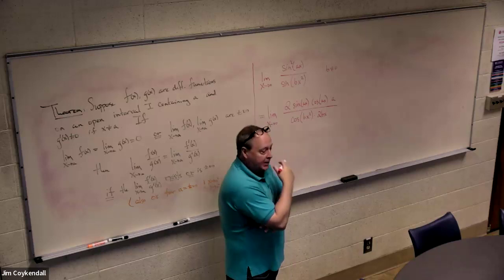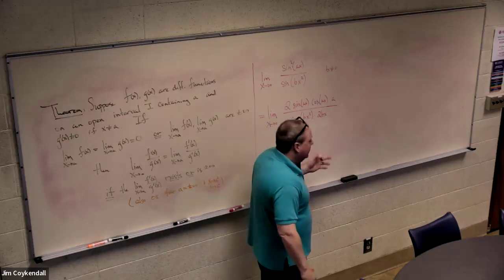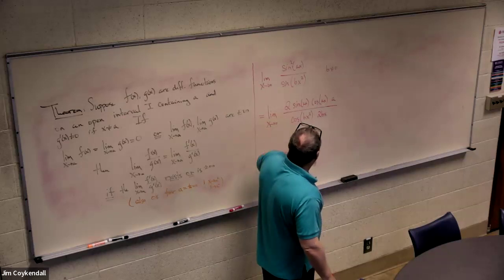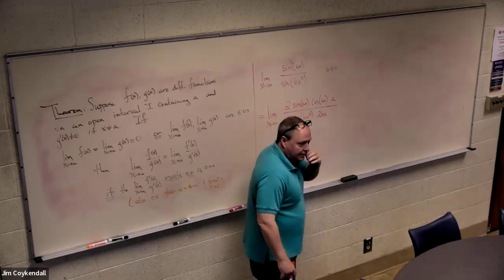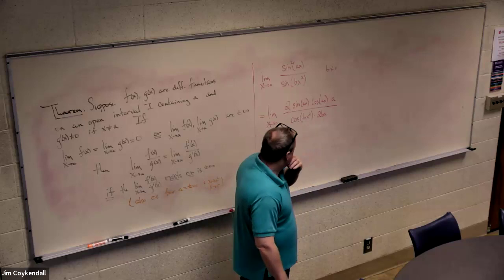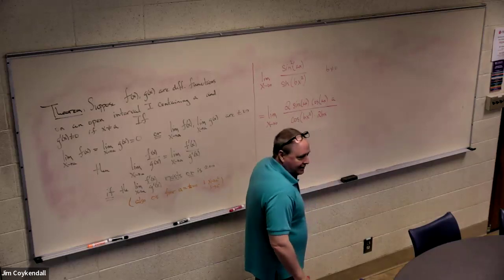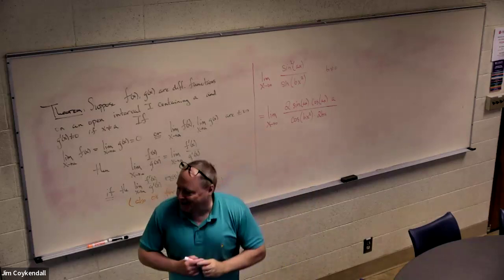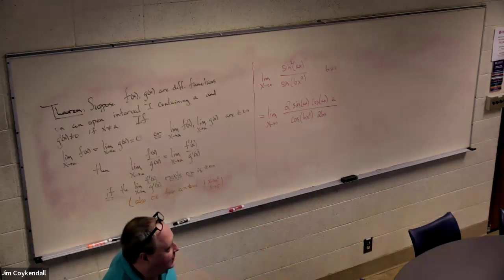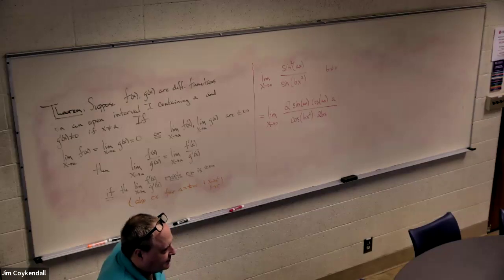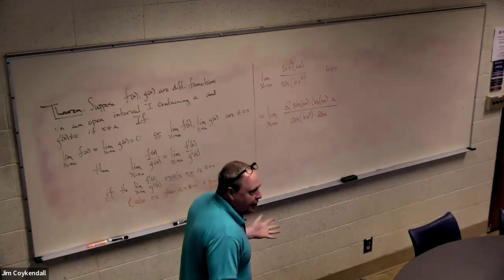Okay, let's see what I'll do for it. Now let's plug in. What do I get when I plug in x equals 0 to the top? 0. What do I get on the bottom? So what do I do now? Correct. Why not? Let's try it again.